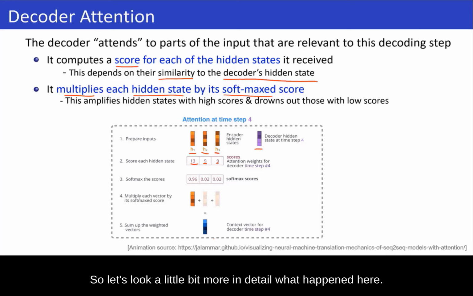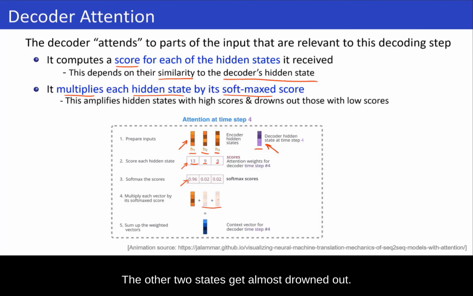So let's look a little bit more in detail at what happened here. We have this decoder state here. This is most similar to this particular state here. It's not that similar in terms of the visuals here, but well, this is the most similar. And so this gets the highest score. It then gets by far the highest softmax score.